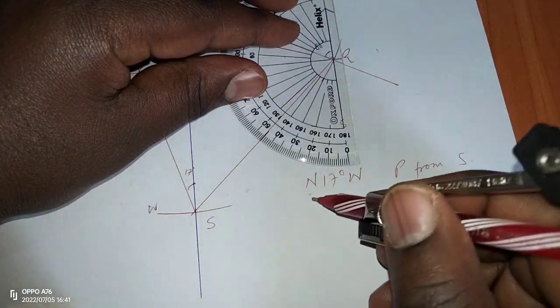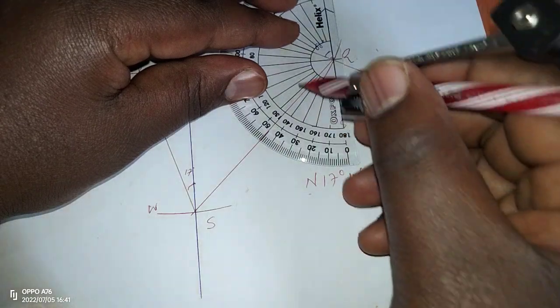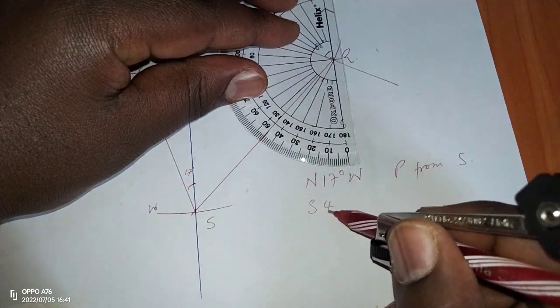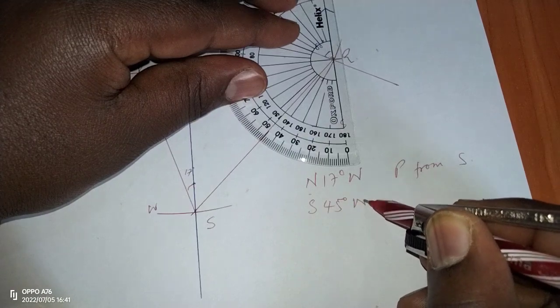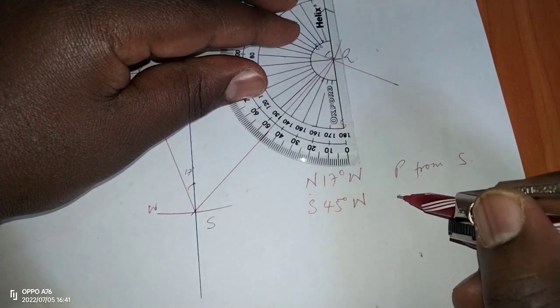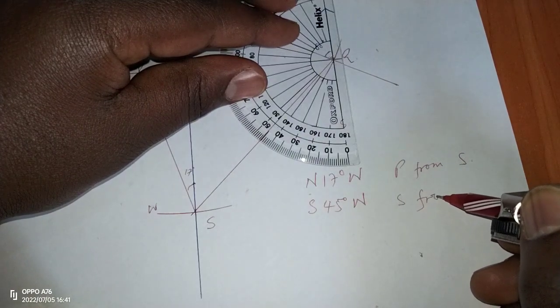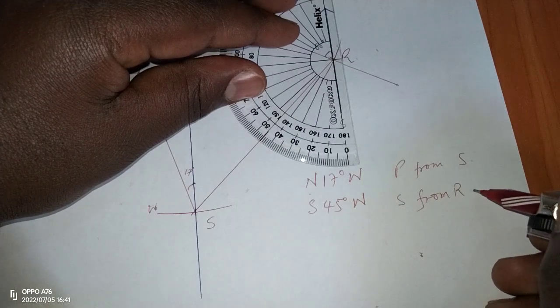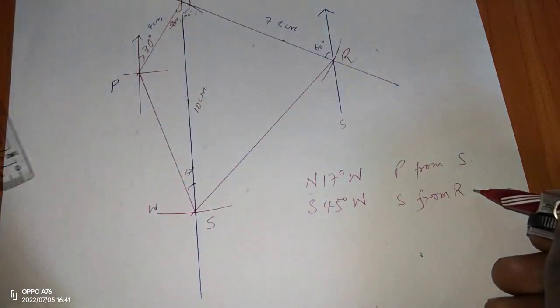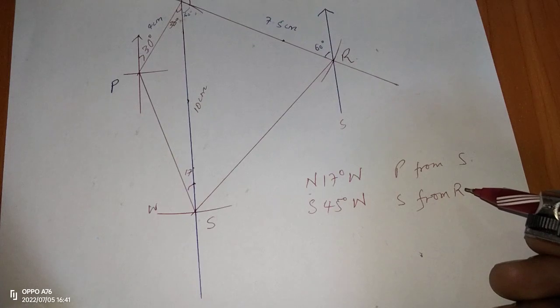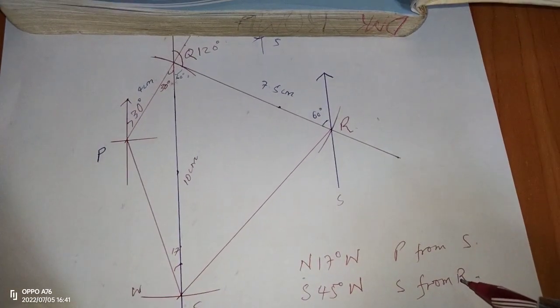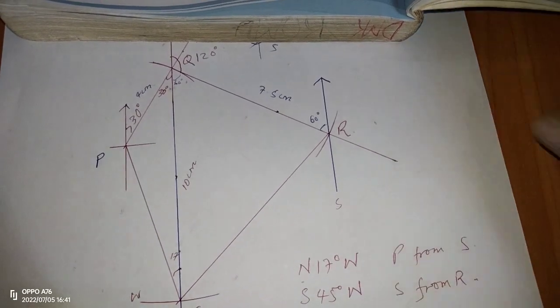But it is from south towards west. From south, 45 degrees towards west. This is the bearing of S from R. Compass bearing, specifically compass bearing. In case it was true bearing, then we could have measured the angle strictly from the north alone.